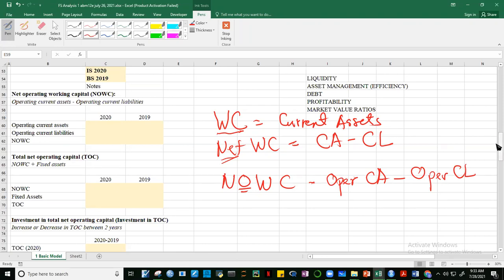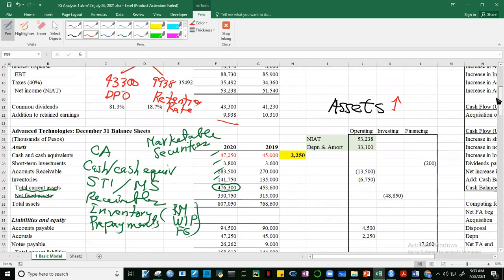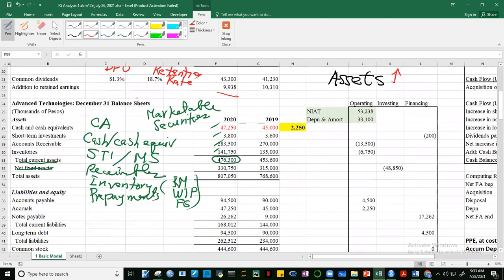Let's first survey our FS. Tignan natin yung current assets natin. So we have 4 current assets here: cash, short-term investments, accounts receivable, and inventories. Of these 4, these are all your current assets, guys. This is your working capital. This is your current assets. Pero ang tanong, sino-sino dito yung operating current assets?